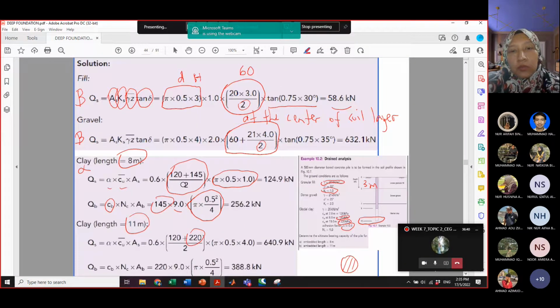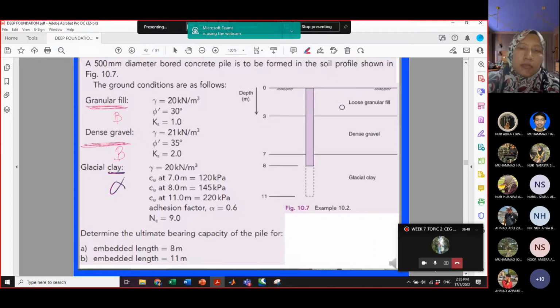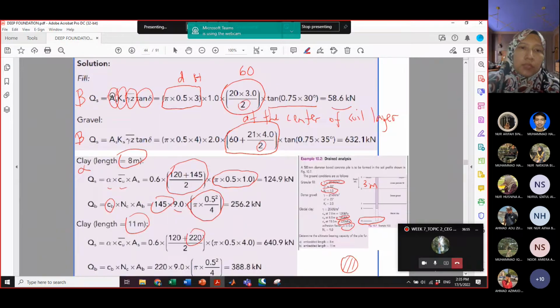But what I want to concentrate on is, for example in the sand, because we have multiple layers, you have to be careful. Why? When we calculate QS, especially QS. QB has no problem because for QB we just take the end bearing.